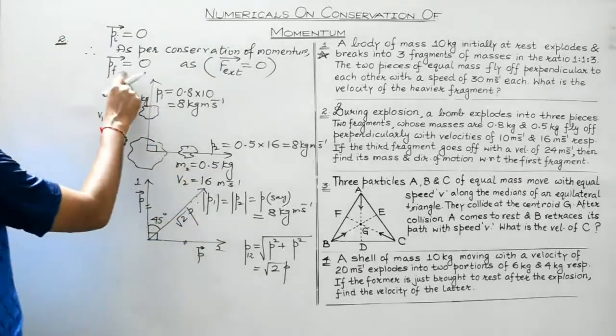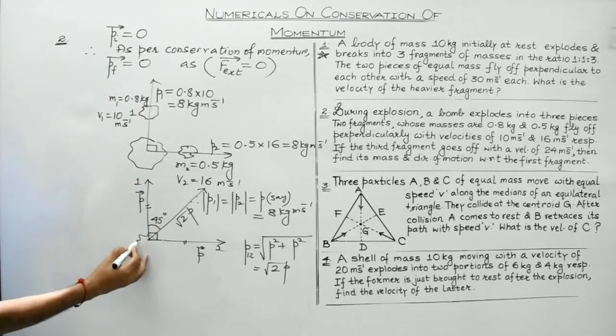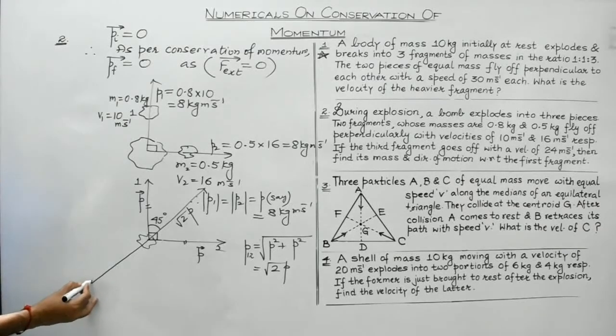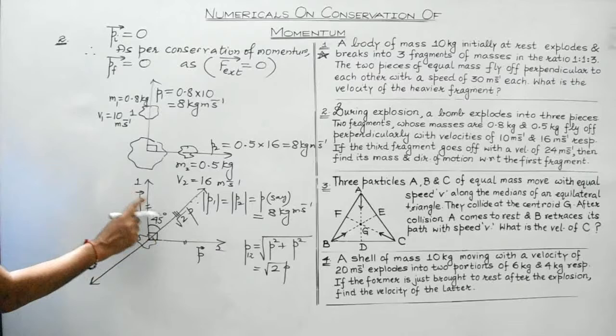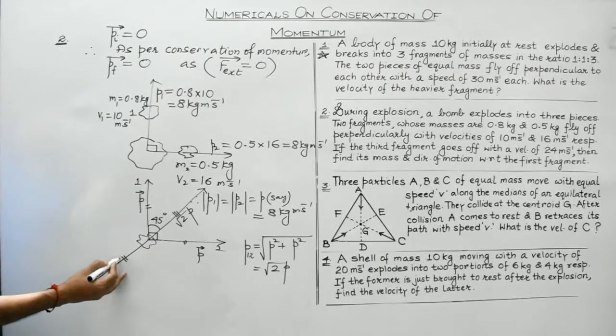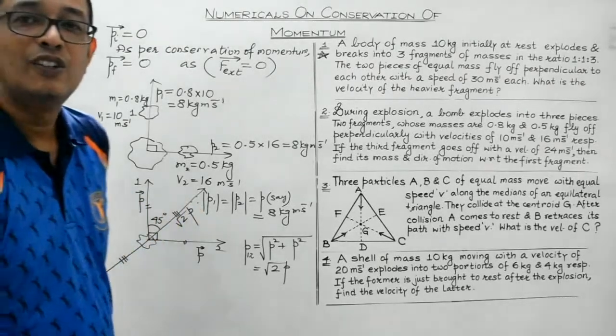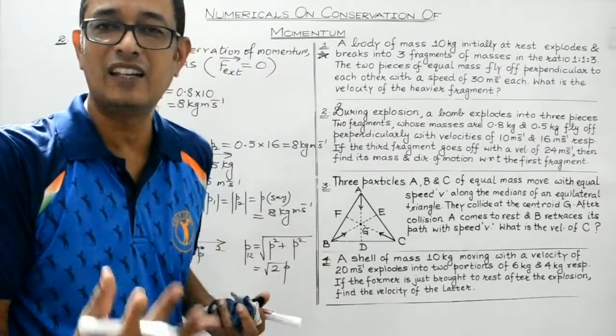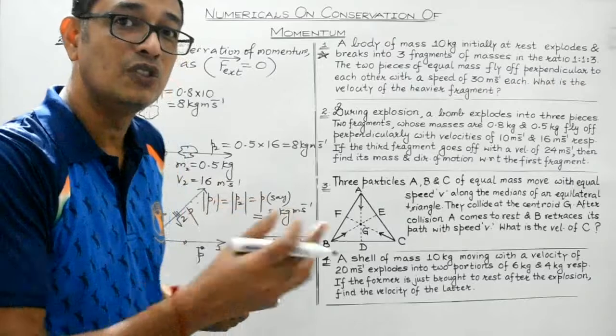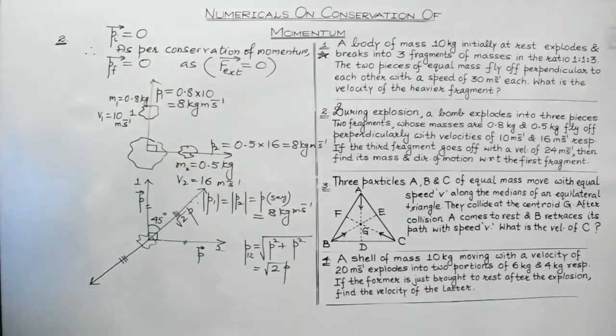Therefore, for the final momentum to be 0, the third fragment must be having momentum of equal magnitude as that of the resultant of fragment 1 and 2 and must be oppositely directed so as to nullify the effect of each other. It is only then the final momentum of the system may become 0. Right? Again, let me clarify it once again.